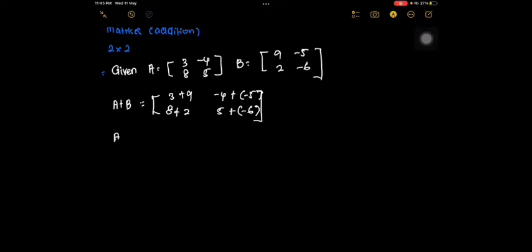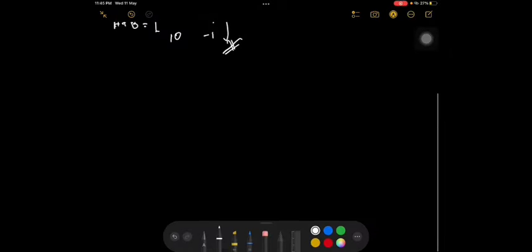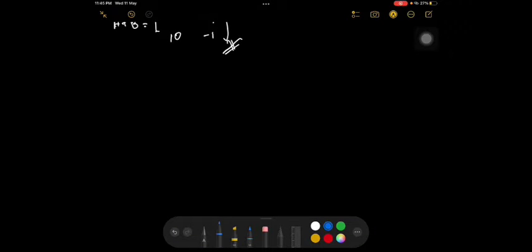So we will get the answer: 12, 10, negative 9, and negative 1. So this is for a 2 times 2 matrix. So let's say we have 3 times 3 matrices.